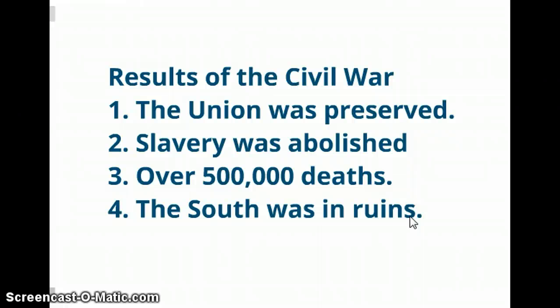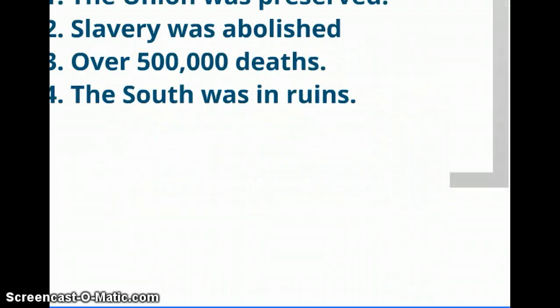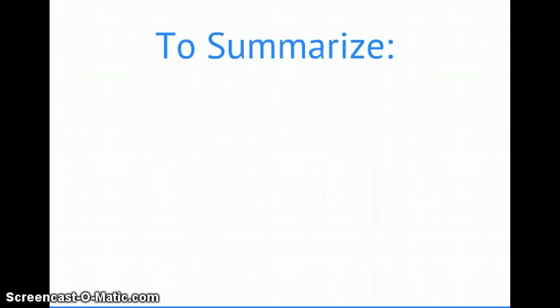Slavery was abolished. 3. About 500,000 people died. Remember, all the deaths in this case were American deaths, so we're counting deaths from both sides. And lastly, much of this war was fought in the South, and the South was destroyed.